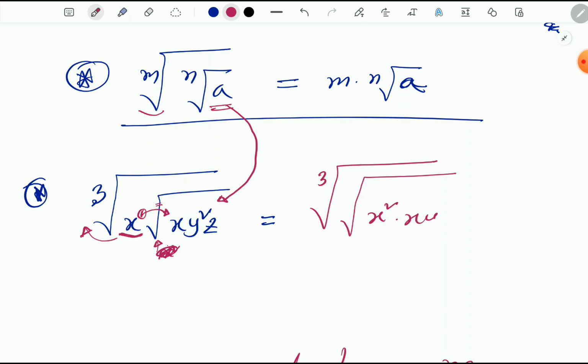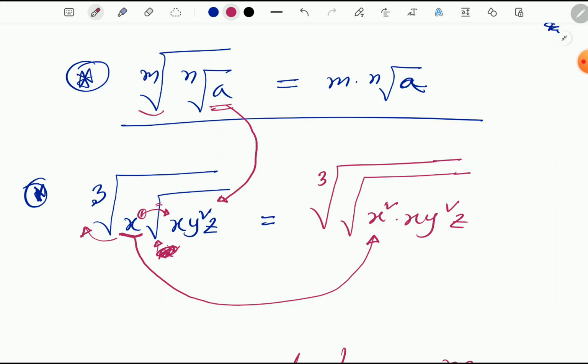Now here, this x square, how do I write this? I simply insert this x inside our lowest square root. So as it was a square root, we put square because it's the same.